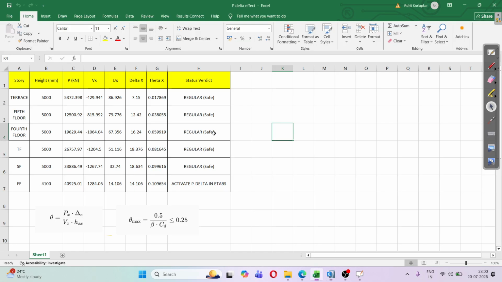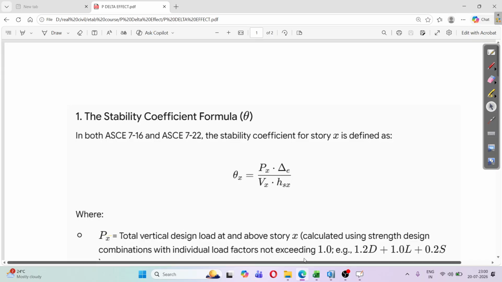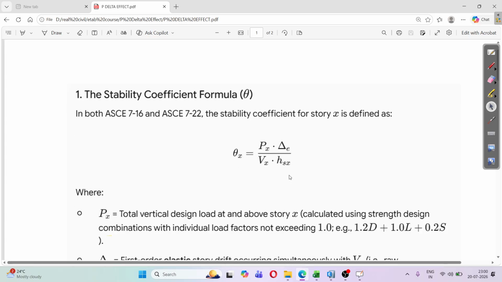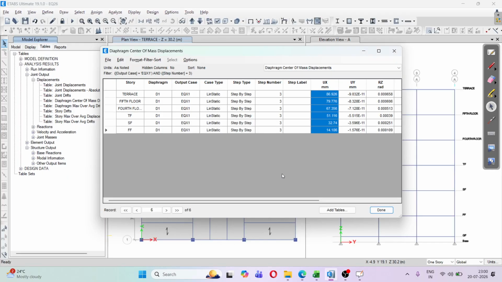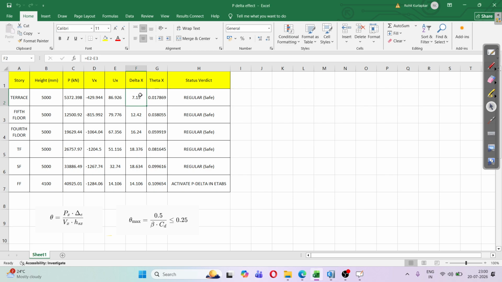Now, in our formula, Px, Vx, and Hx are already there. Delta E is the elastic story drift. So here I have applied the formula for the story drift. That is, 2 minus 3 will be the value here.